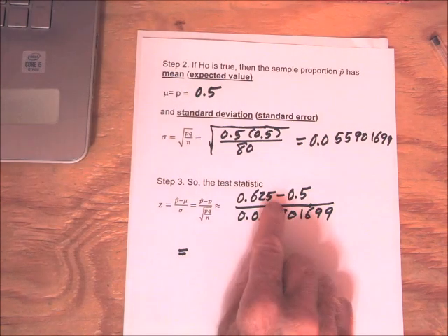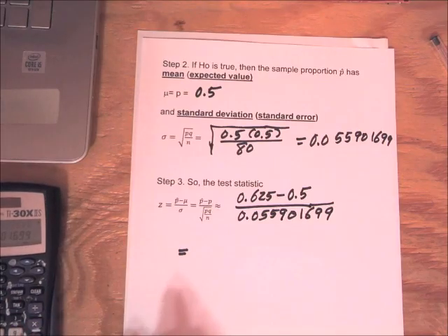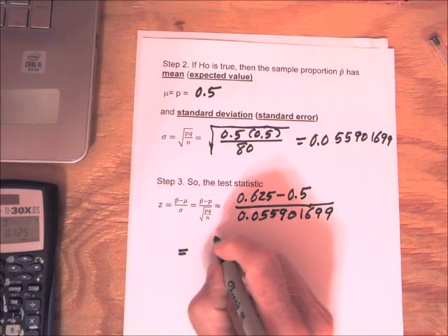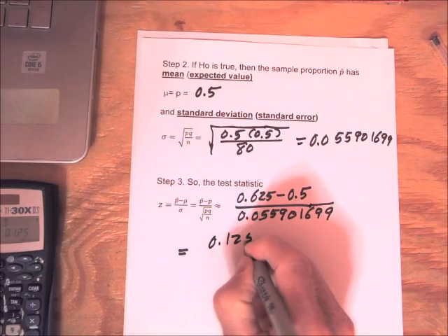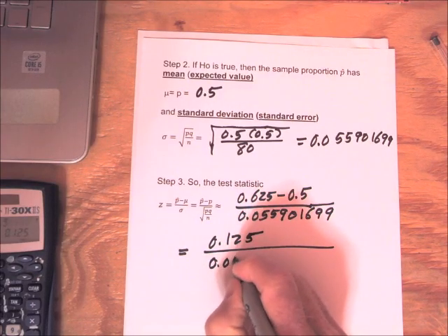So we want to do the numerator first. We want to do the subtraction first. We have to sort of force the calculator to do the subtraction first by pushing equals to put in the 0.625 minus 0.5 and then push equals, and we'll get 0.125. We're trying to force the calculator to do the subtraction. It's going to want to do the division first.